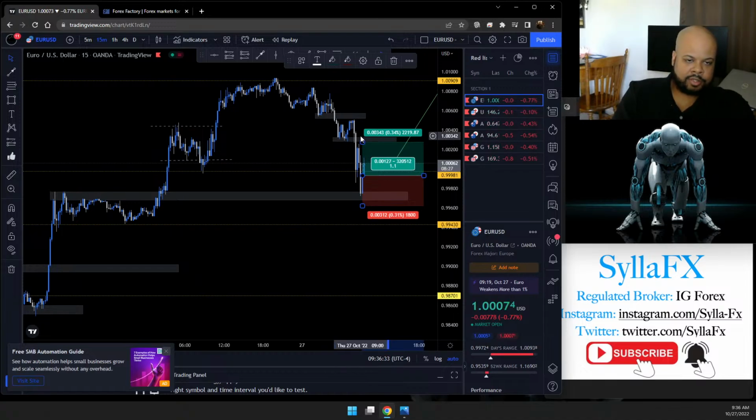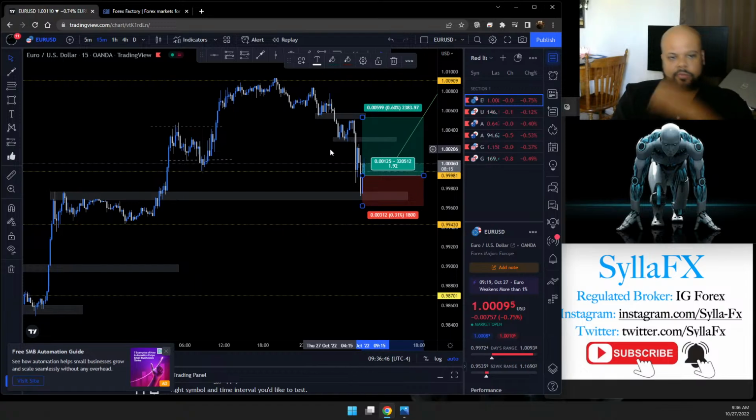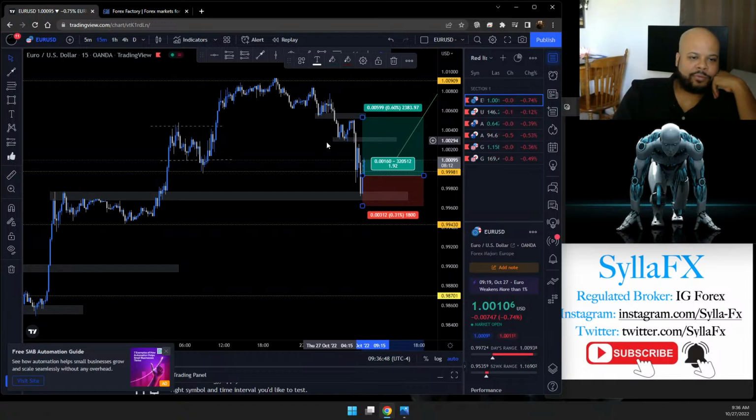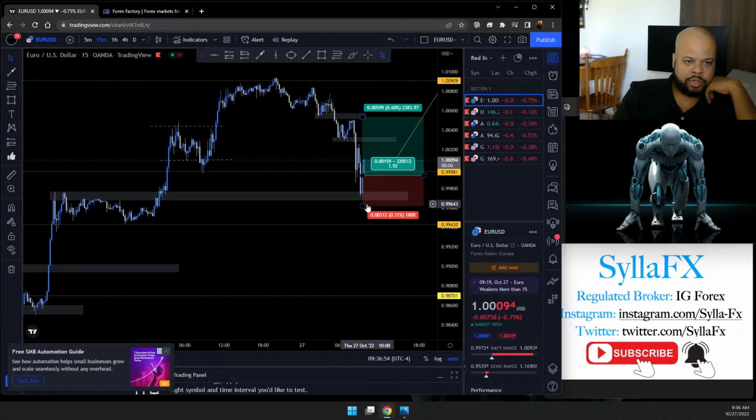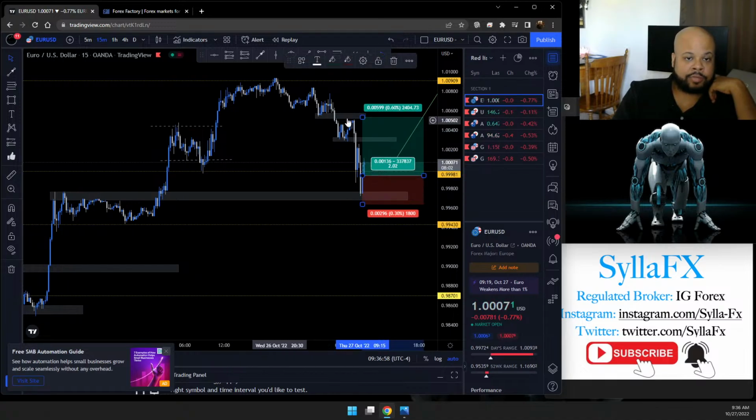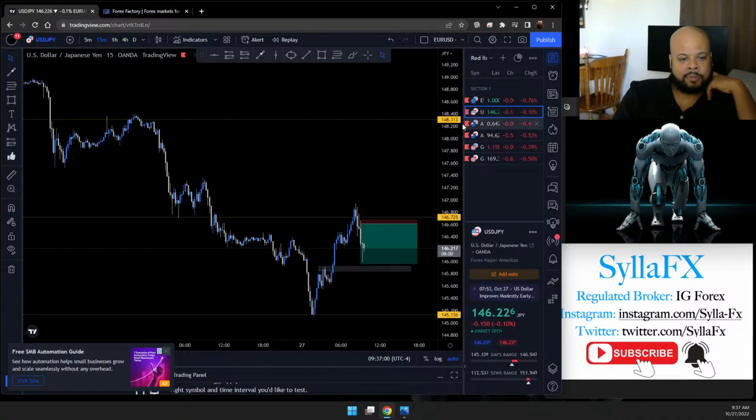This would actually be maybe a good time to move to break even on the euro dollar as well. I'll move this back up here. I wouldn't like it to come back down and test my entry point. So if we break about 20 pips, I will go ahead and move this up to break even as well, just to eliminate any risk on both of the trades.